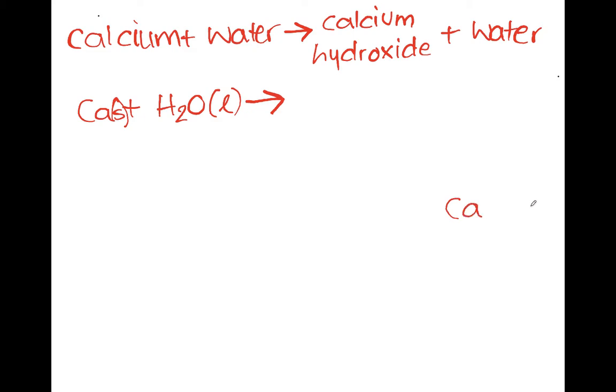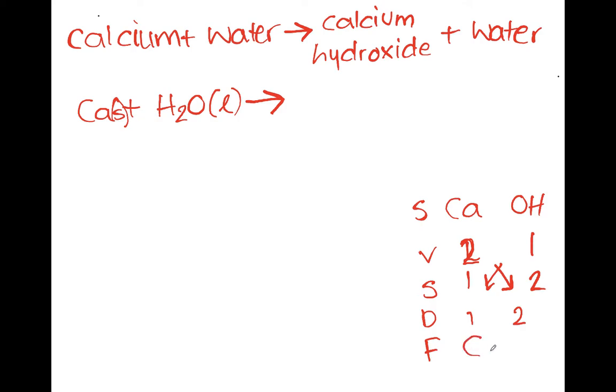So CaOH, valency 1. Oh, no it's not. Calcium's in group 2, so it's got a valency of 2. Hydroxide ion, valency of 1. We swap those over. They cannot be divided, so it's 2 and 1. So our chemical formula would be Ca(OH)2.